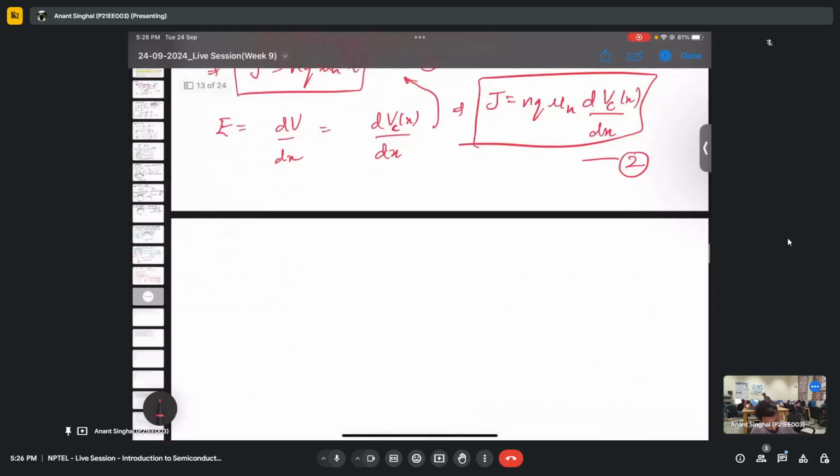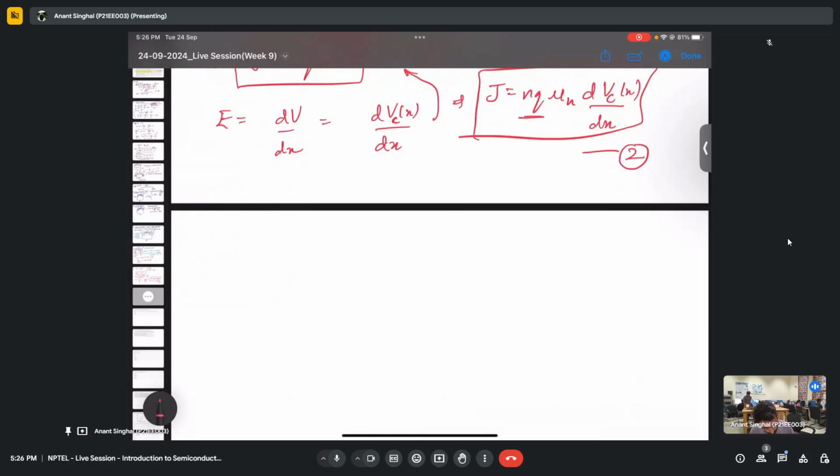And what is this nq? I hope you remember nq, as I wrote in the inversion charge, is a charge per unit volume. So this is small nq. And we have just derived the inversion charge, which is what we are interested in. In case of a MOSFET, we just derived that the inversion charge is nothing but Cox times VGS minus VT.